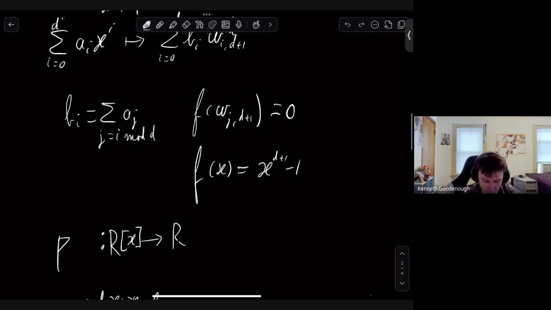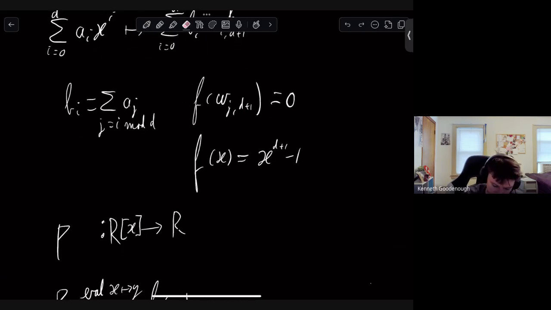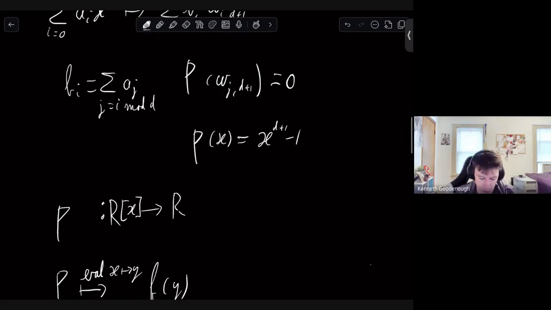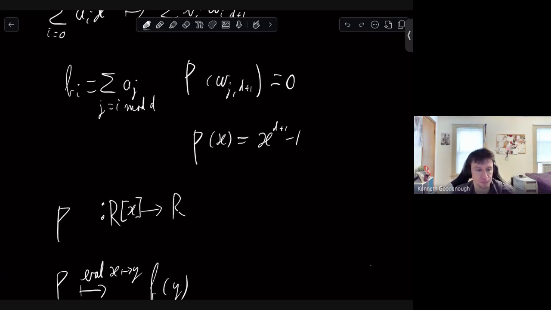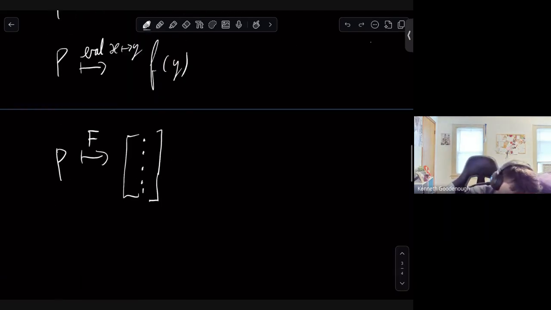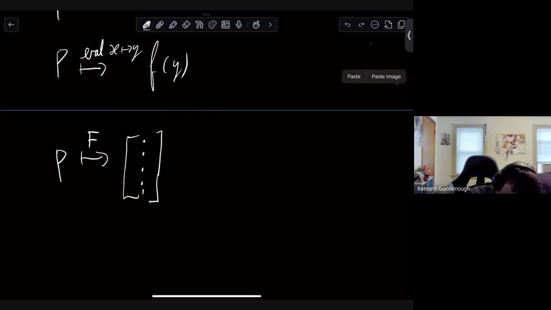Now we can think of what this statement means. You have a polynomial of this form, p of x, and I evaluate it at the roots of unity. We get out 0 entry-wise. So these functions are really in the kernel of that map. I should be clear here: this homomorphism is, of course, for a fixed d.